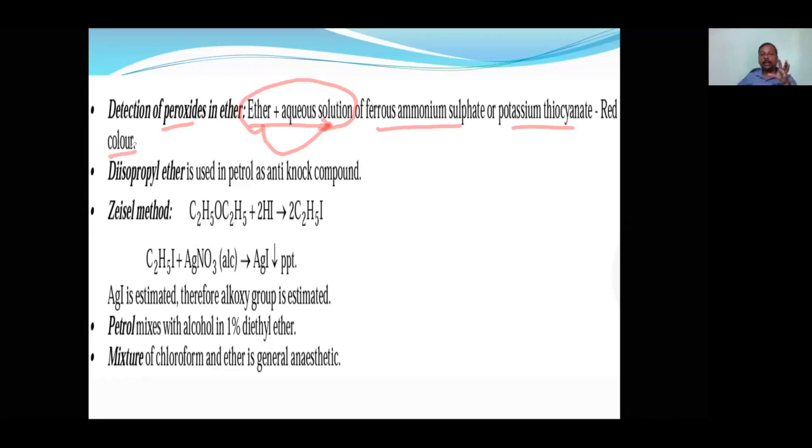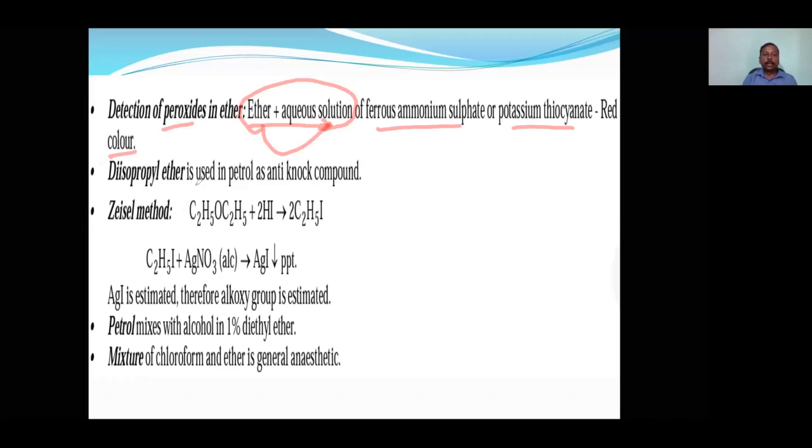So to check whether peroxide is in the ether, just add ferrous ammonium sulfate, or you can add potassium thiocyanate. Then a reddish color should be formed. That confirms that peroxide is present in the ether.